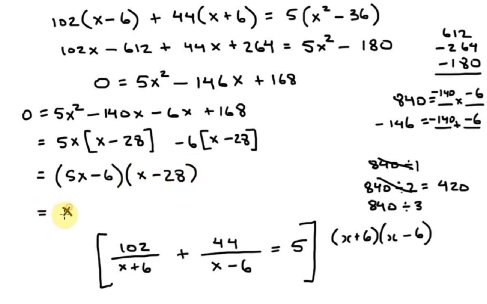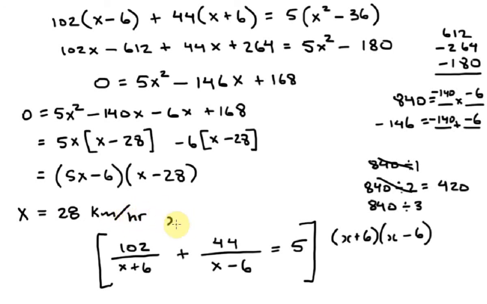That leads me to 2 possible solutions here. Let's do the easy one first. Whoops, what have I written here? Okay, let's get rid of that and write this a little more clearly. x could equal 28, which seems like a pretty good answer, and this would be the boat speed, so kilometers per hour.